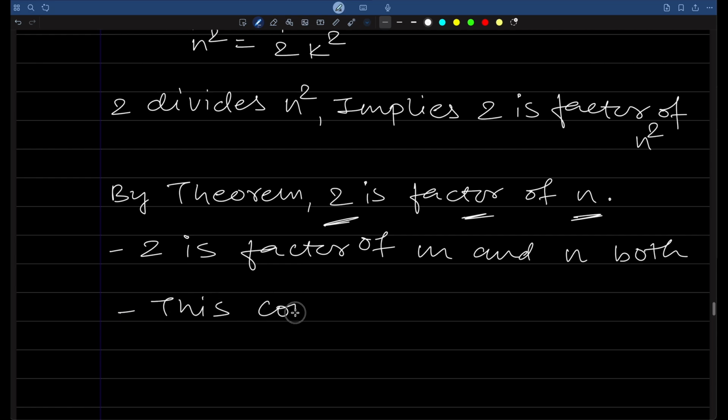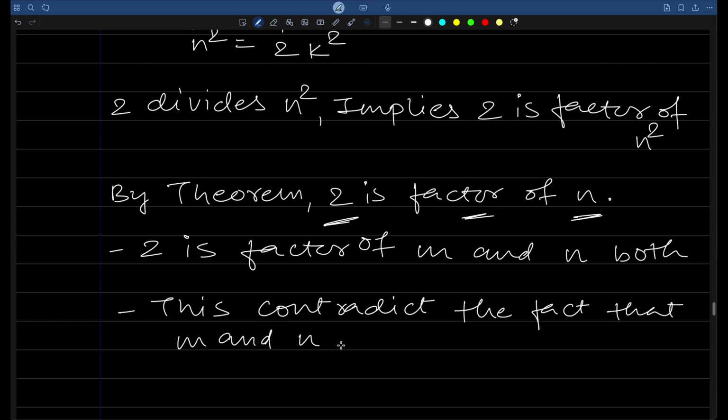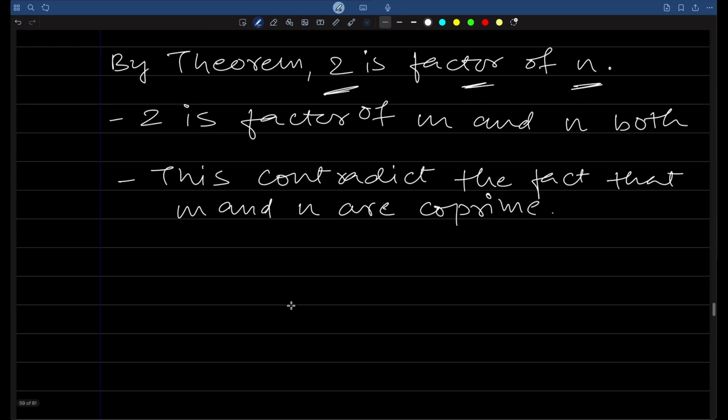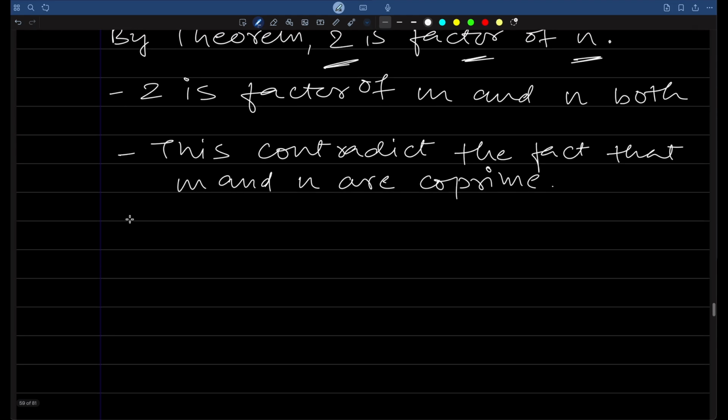This contradicts the fact that m and n are co-prime. This contradiction arises because our assumption is wrong.